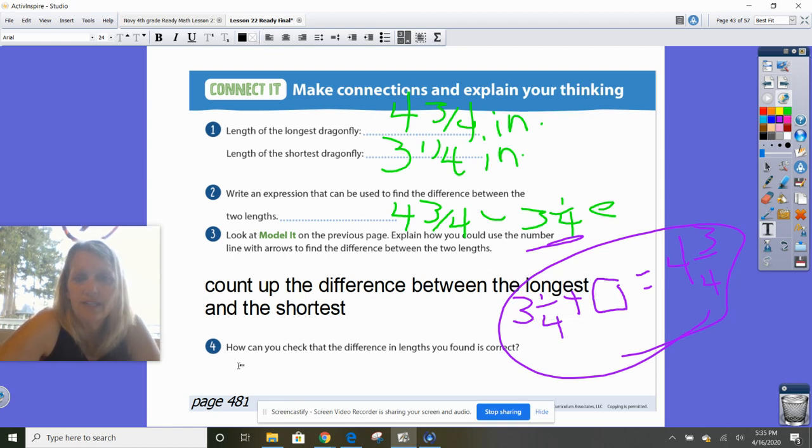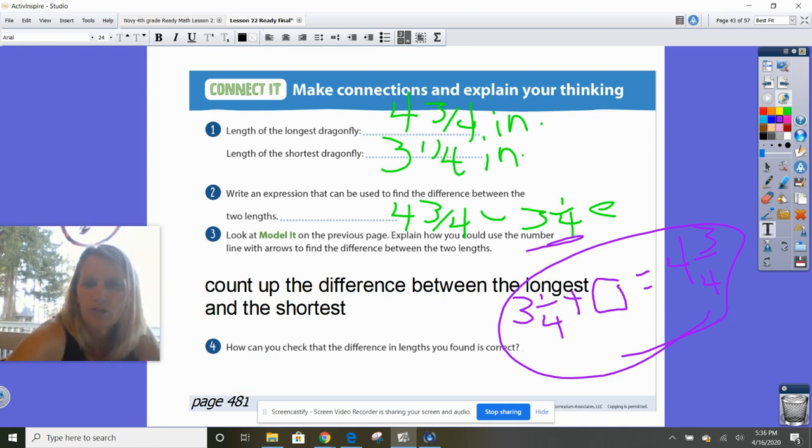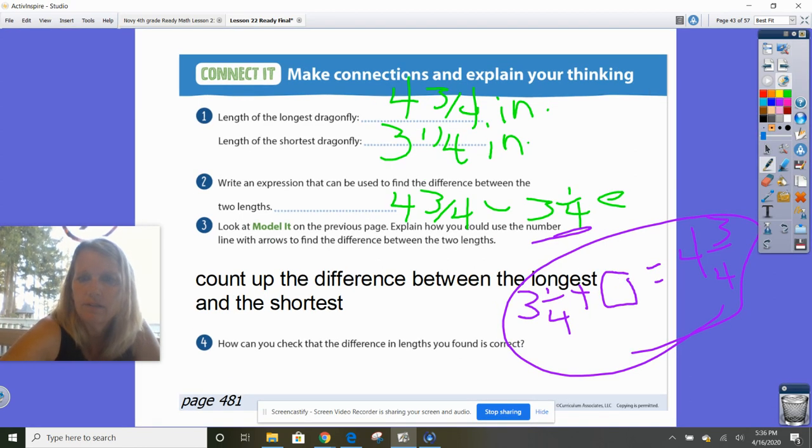How can you check that the difference in lengths you found is correct? How will we know it is correct? We'll know because we'll take 3 1/4 plus the difference, and it should equal the total. Okay, so you can add. So you can do this picture right here. Maybe I'll just draw an arrow right here.